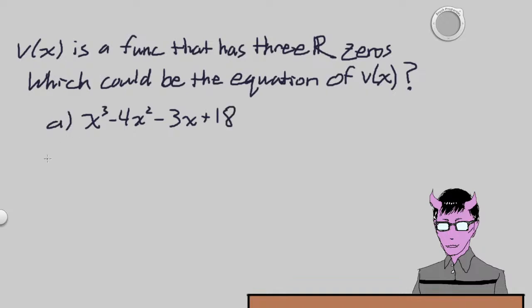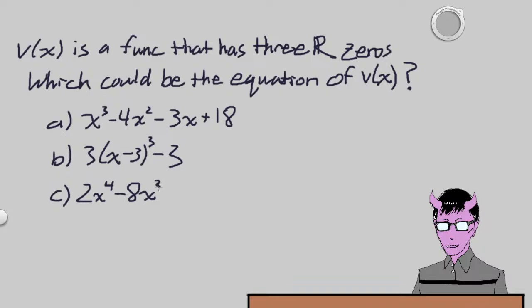So that is the first option, and then we have the second option. It's going to be 3 times x minus 3 squared, cubed, minus 3. And then we have option C, which is going to be 2x to the power of 4 minus 8x cubed minus 6x squared, and then plus 36x.